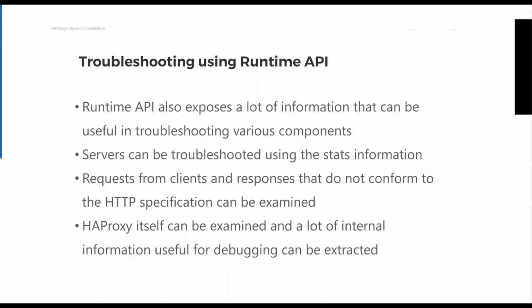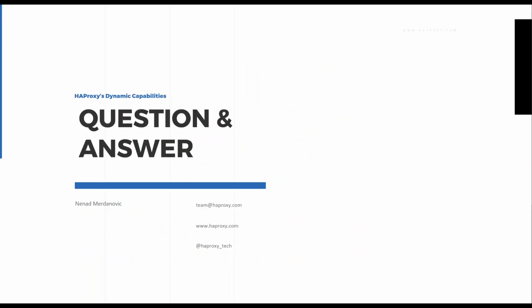How many pools are allocated, how many slots in the pool are currently in use. So all this information can be extracted by the Runtime API and can aid our teams in investigating bugs, can aid you in understanding where your memory is used, or why your sessions are open for as long as they are. And with this, we have reached the end of our presentation.